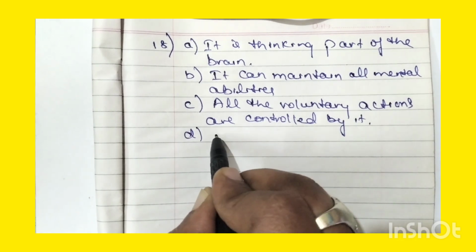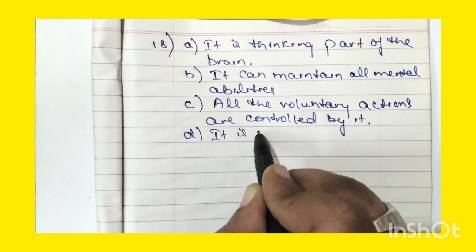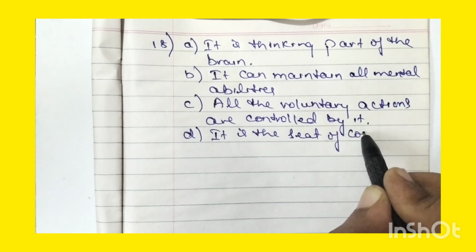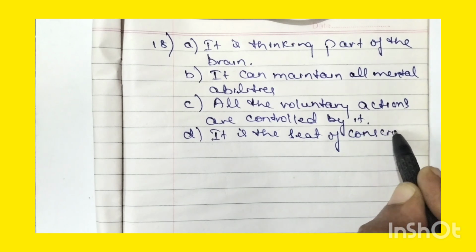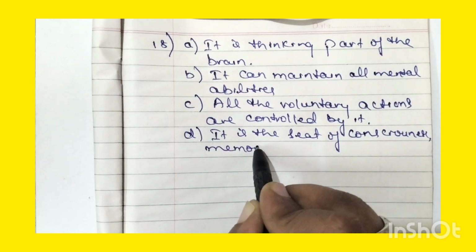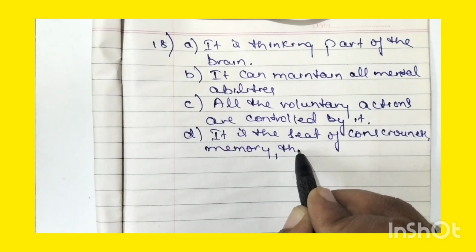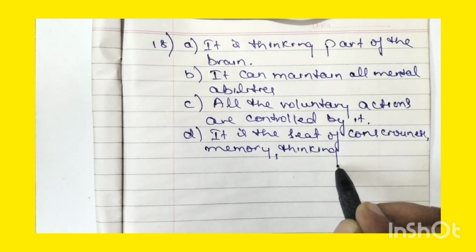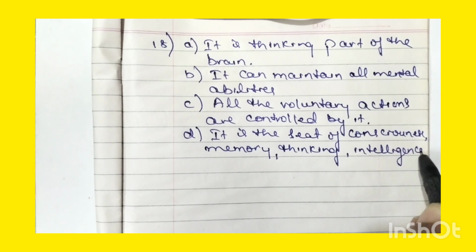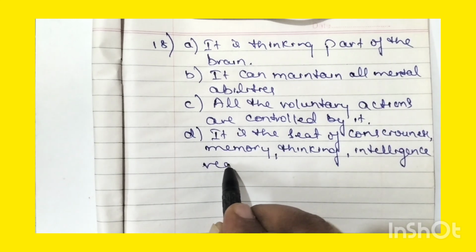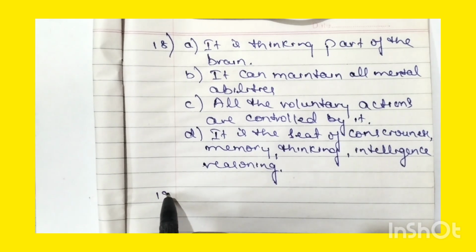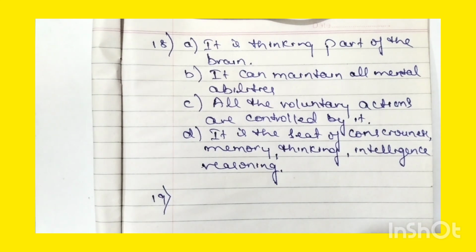Then the next one is, this forebrain is the seat of consciousness, memory, thinking, intelligence, reasoning. For all these, forebrain is responsible.